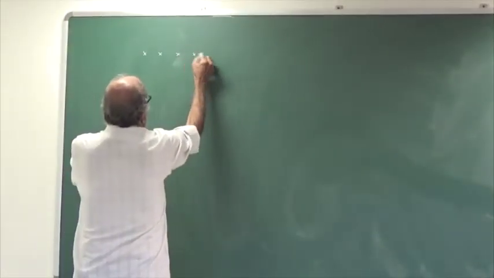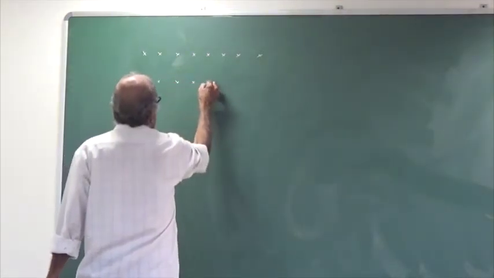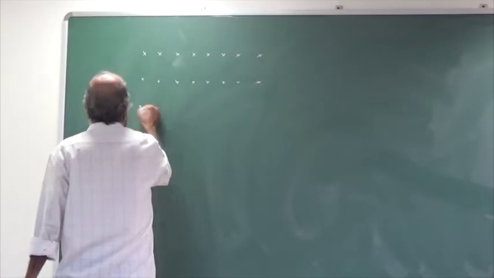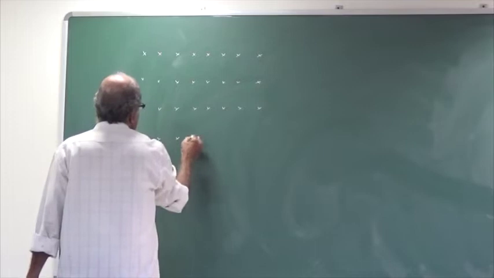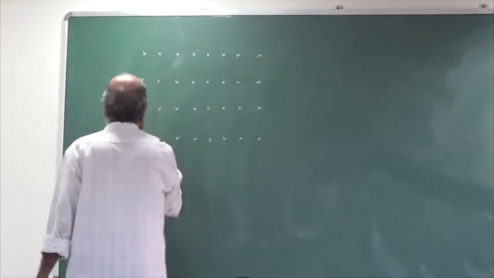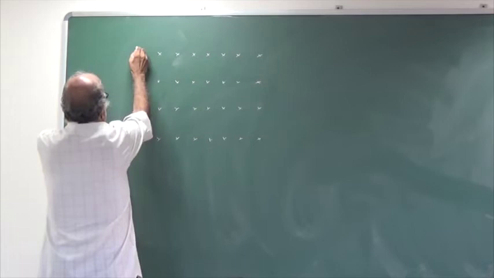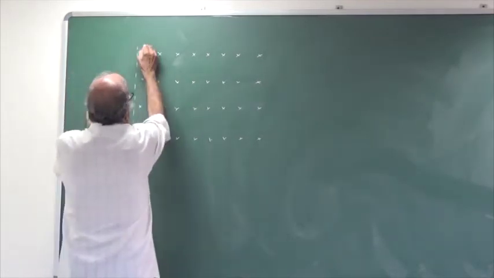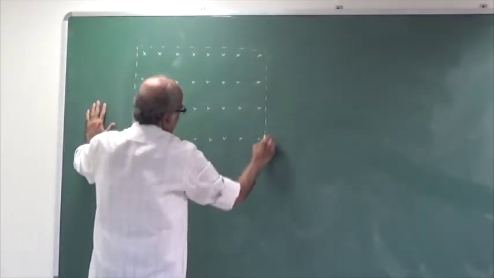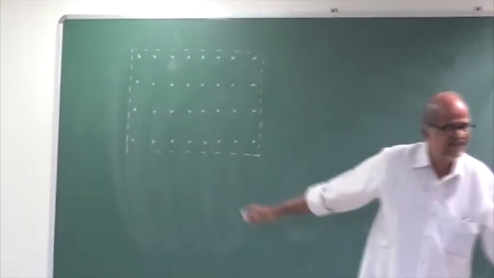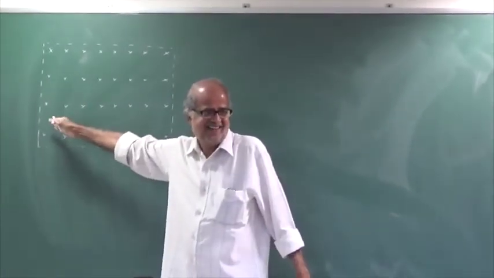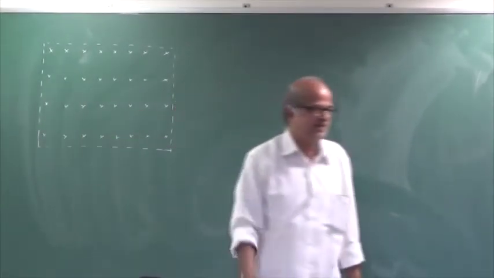Let us suppose there is a uniform magnetic field of strength B within this boundary. Of course, the magnetic field cannot abruptly terminate there, you should remember.